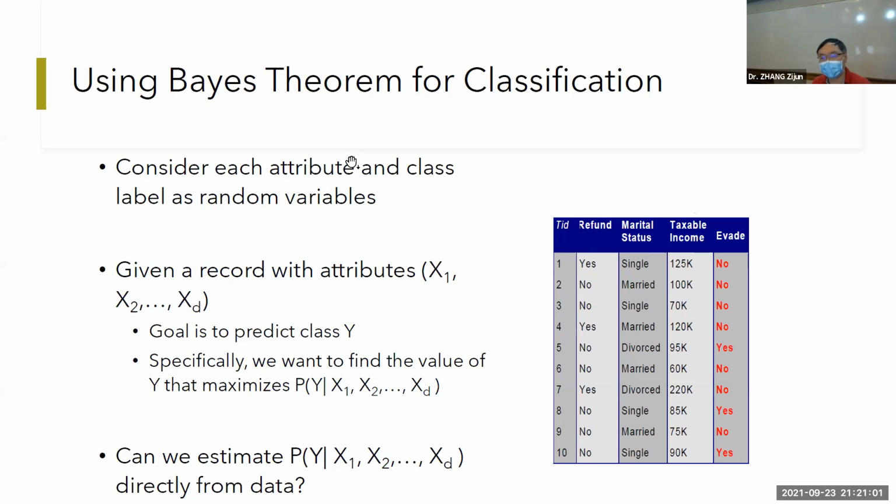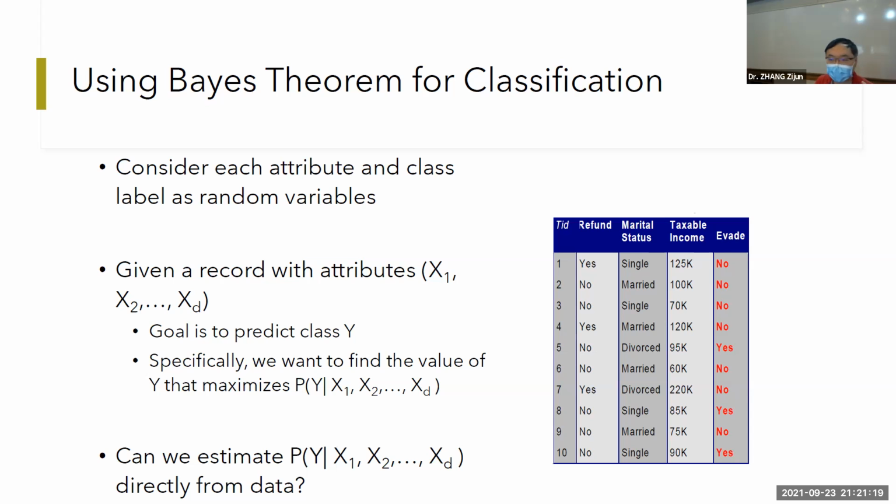Then how can we use the Bayes theorem for classification? We need to reformulate the classification task in a probabilistic way. Basically, we consider each attribute and class label as random variables first.